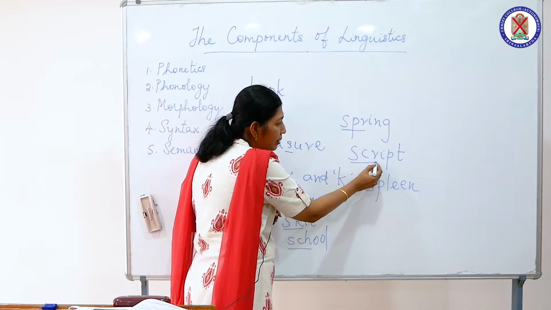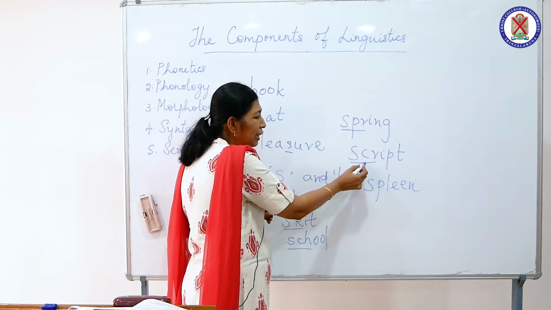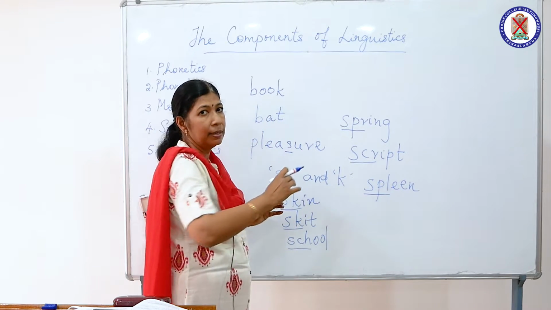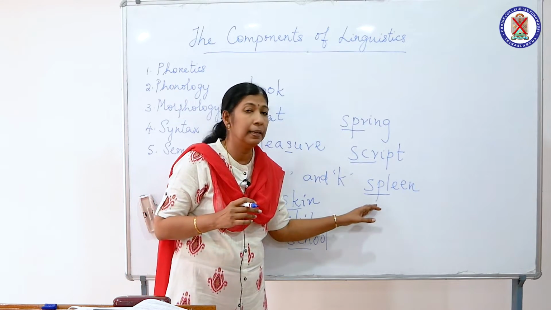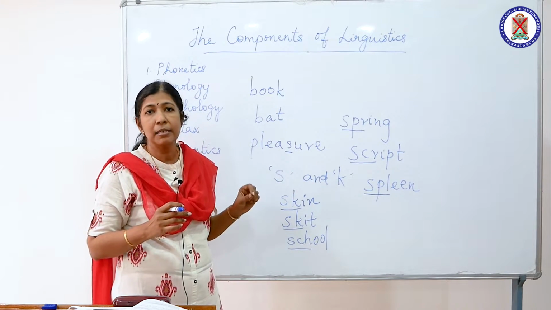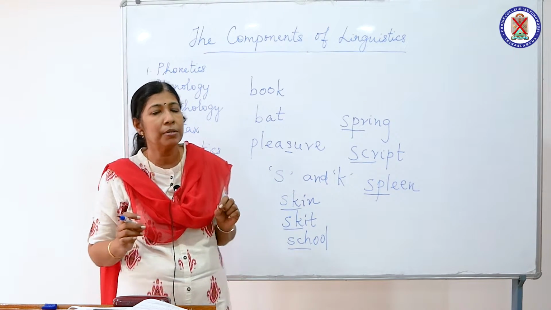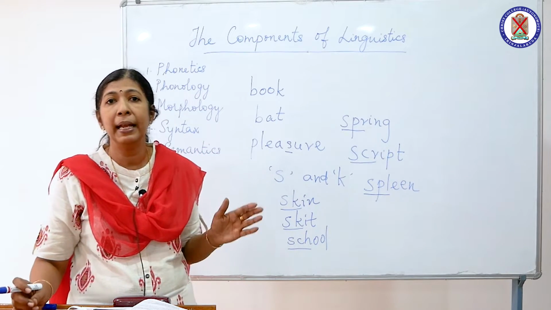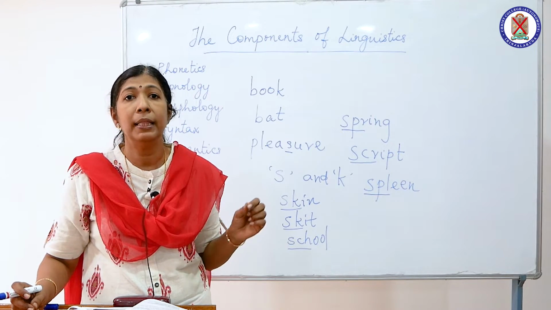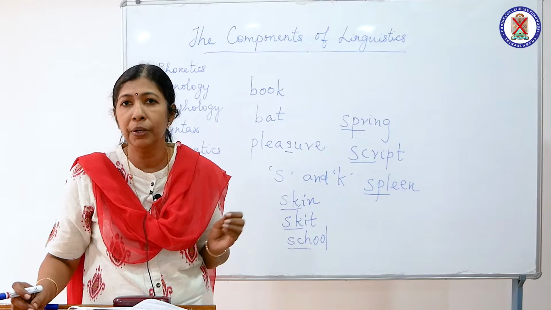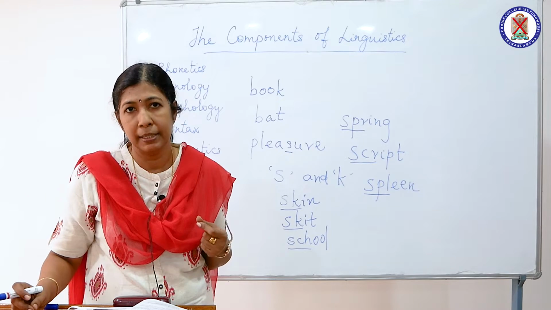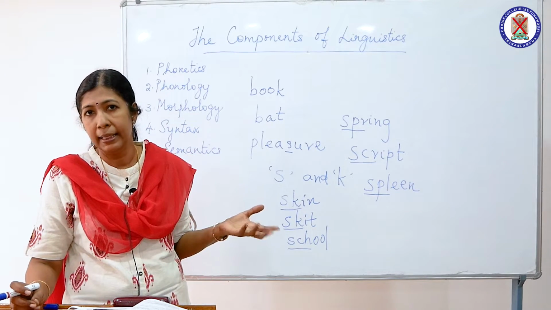Script also has three consonant sounds, sa, ka, and ra. And in spleen also we have three consonant sounds at the beginning, sa, pa, and la. So this tells us that the English language permits or allows three consonants to begin a word. In English, a word can begin with three consonant sounds coming together. But this is not seen in many Indian languages, including Hindi.